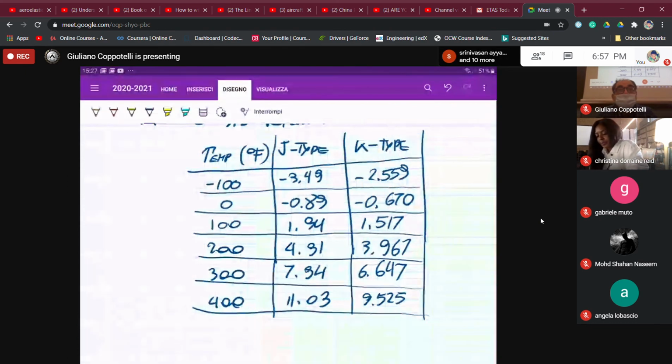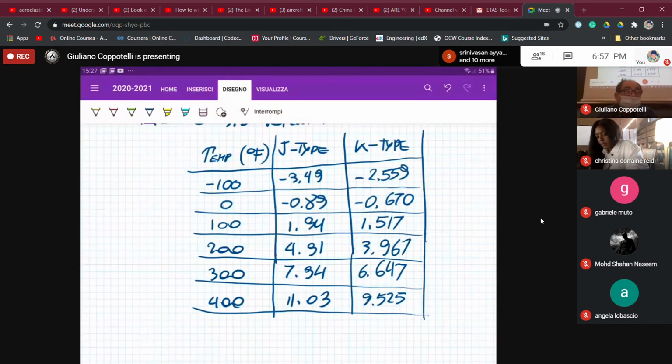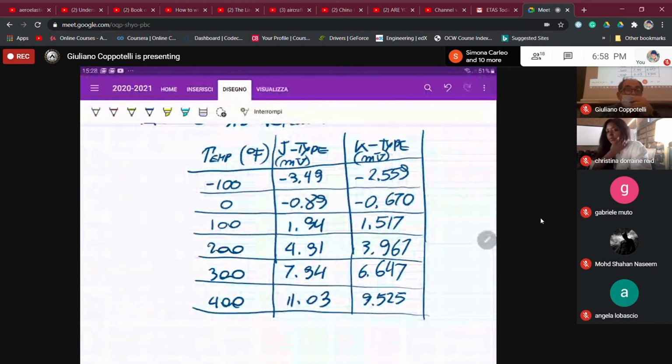Corresponding to that, the standard potential is, for example, for J type, negative 3.49 millivolts. And so on, negative 0.89 and so on.